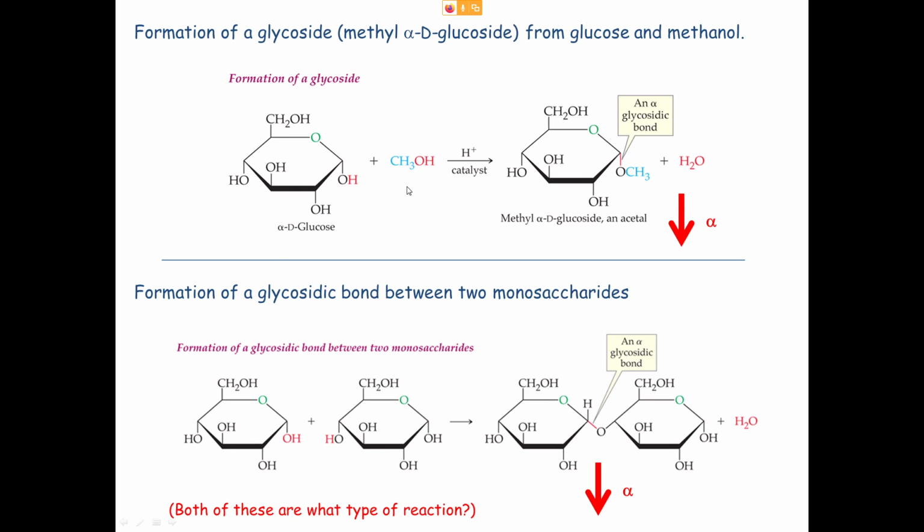We're going to react it with an alcohol like methanol, very simple alcohol. And if you remember, this carbon number 1 is a hemiacetal. When you react a hemiacetal with another alcohol, you form a full acetal, right? And of course, you get water as a byproduct. So the H here leaves, this O attacks this carbon.